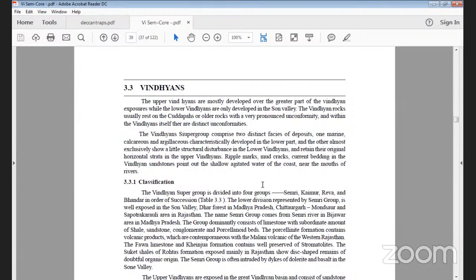One is marine calcareous, and the second is argillaceous deposits, which developed in the lower part of the Vindhyan group. At the same time, ripple marks, mud cracks, and current beddings in the Vindhyan sandstones point to shallow estuarine water of the coast, nearby the mouths of rivers.